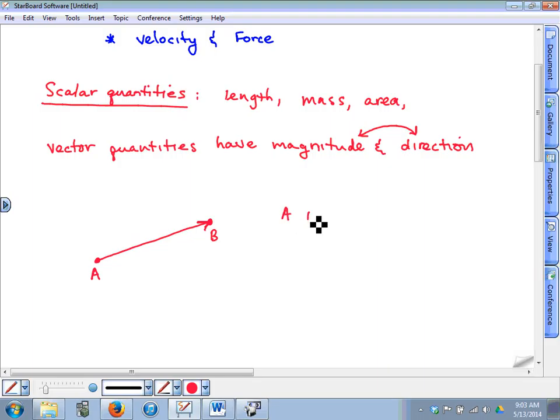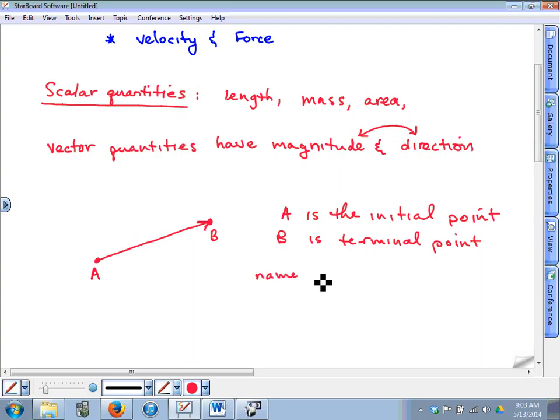Point A is called the initial point. These are just some vocab words. Point B is the terminal point. The name of this vector would be AB with a little vector symbol above it.